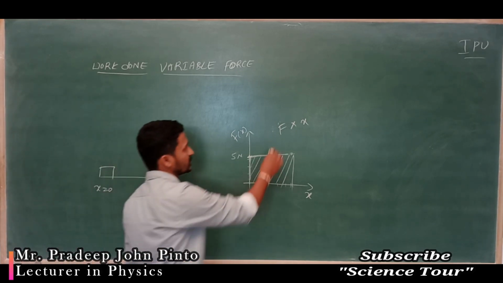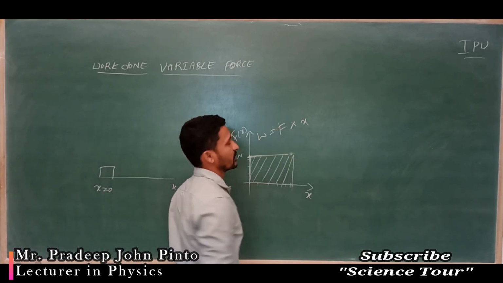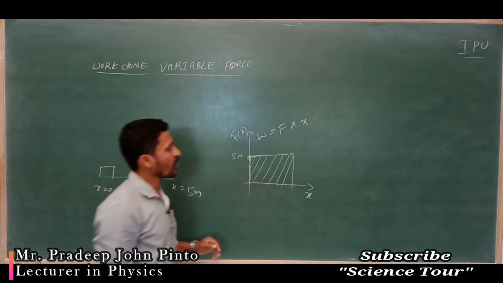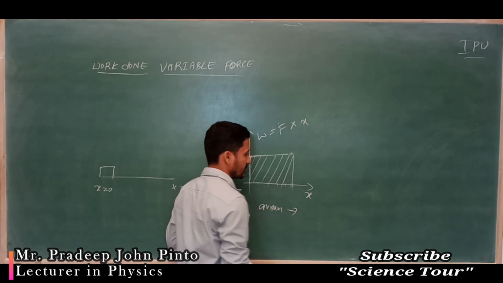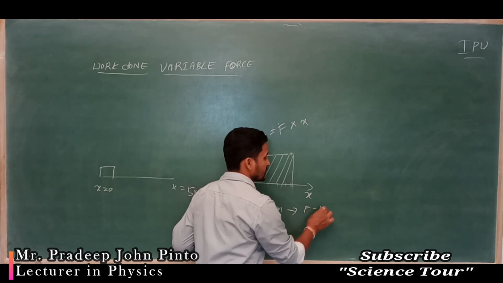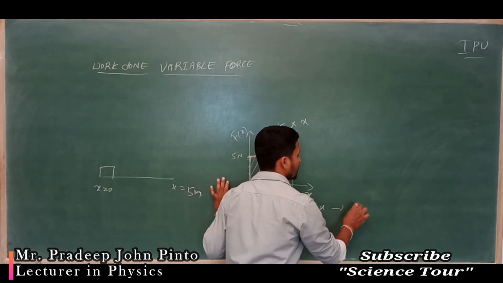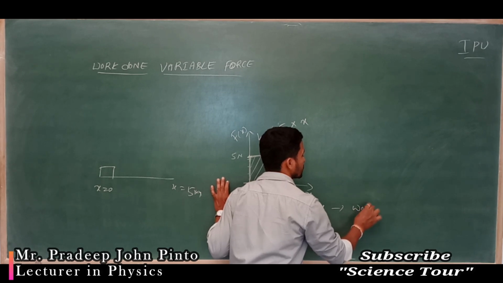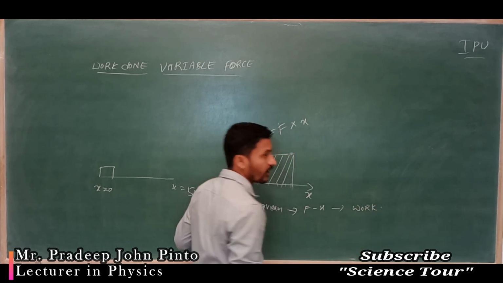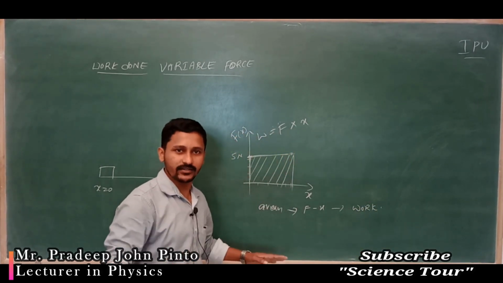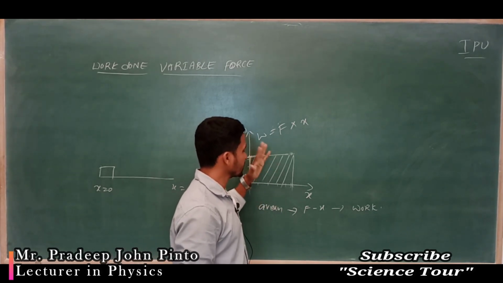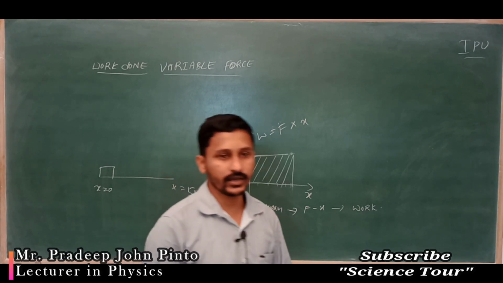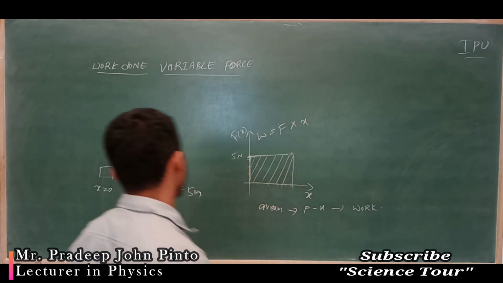See, force into displacement, what is that? That is nothing but work done. So the area under the force and displacement curve gives you work done. That is for constant force.